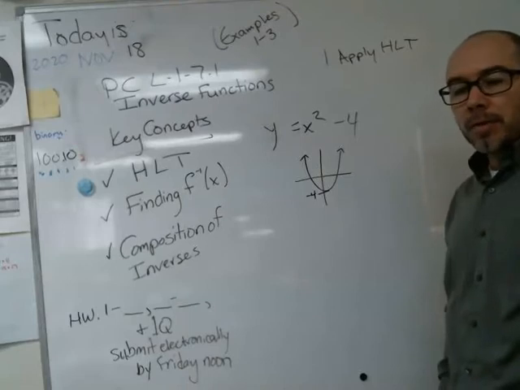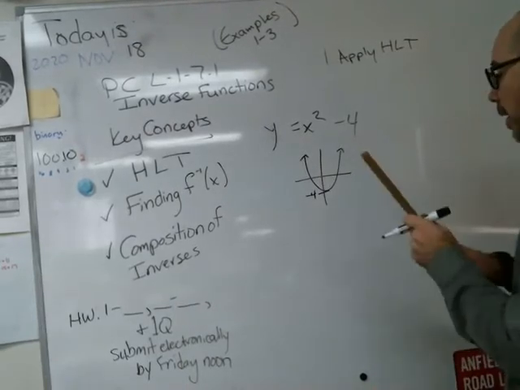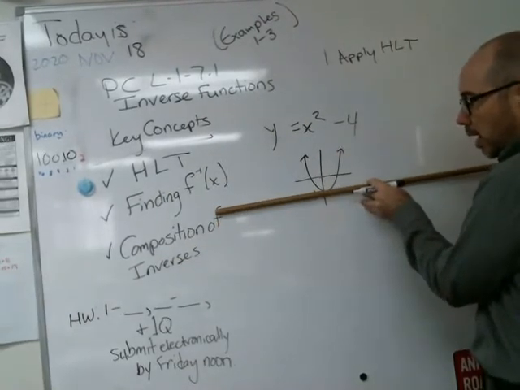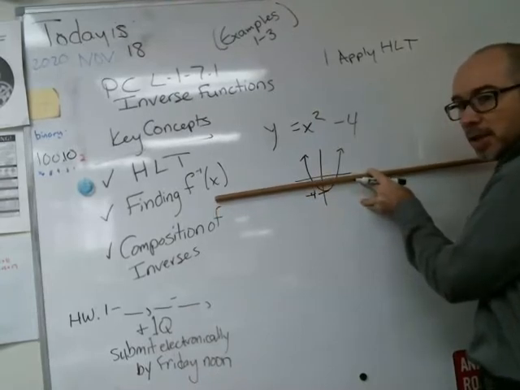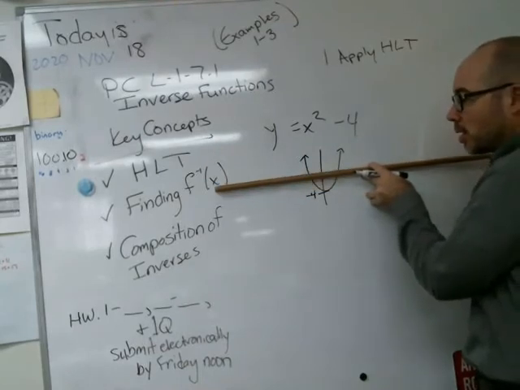Now, following the definition here, let's take a horizontal line and go across this function. Right there it touches at 1 place, but anywhere else above here it's going to touch at 2. And it has to be at maximum 1 place where it cuts through.